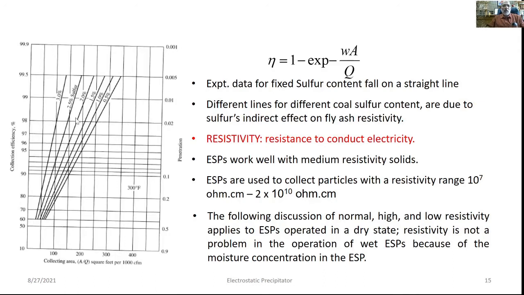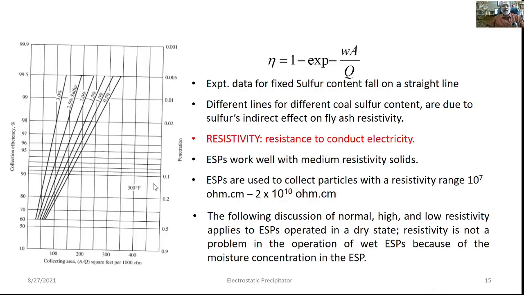The different lines for the different coal sulfur contents are due to sulfur's indirect effect on fly ash resistivity. You already know that resistivity is a resistance to conduct electricity.